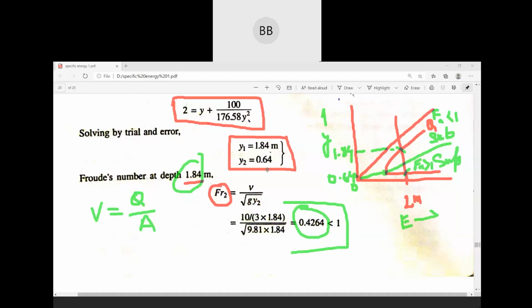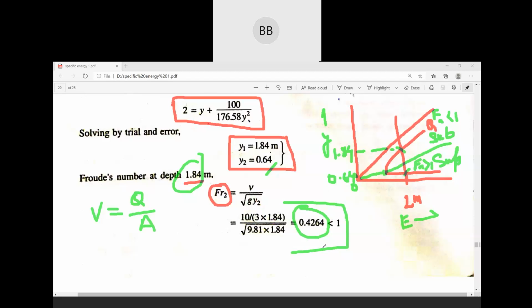Similarly, you find out the Froude number for 0.64, and definitely it will be greater than 1. So you will be having three flow conditions: supercritical, subcritical, and critical flow. For critical flow, your Froude number is equal to 1; for supercritical it's greater than 1; and for subcritical it's less than 1.